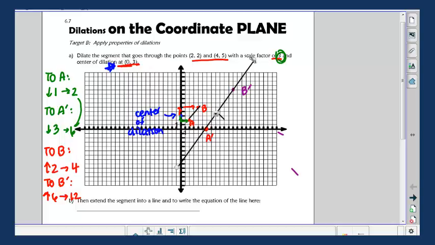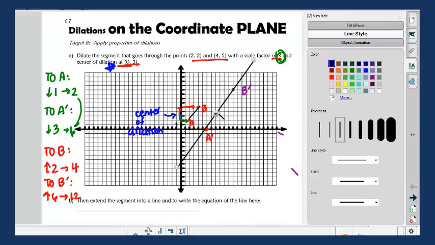Now, if you don't make your line extremely accurate with a straight edge, it'll be a little bit difficult later on to be accurate with your equation, which is the second part we're going to go through. So I want to make sure that you're really careful.